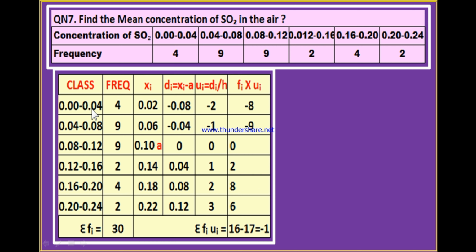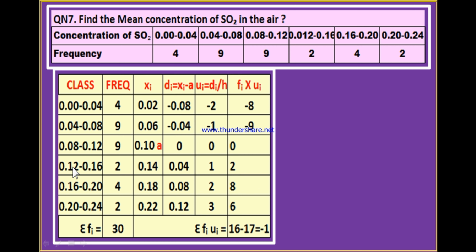Means you divide the sum 0.04 by 2. 0.04 divided by 2 is 0.02. For the next class, you add 0.04 and 0.08, you will get 0.12. 0.12 divided by 2 is 0.06. Similarly, 0.08 plus 0.12 is 0.20. 0.20 divided by 2 is 0.10.